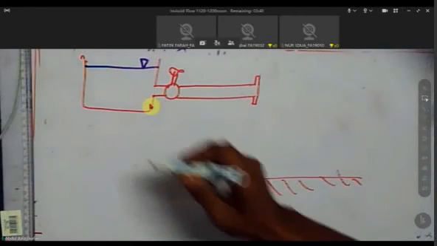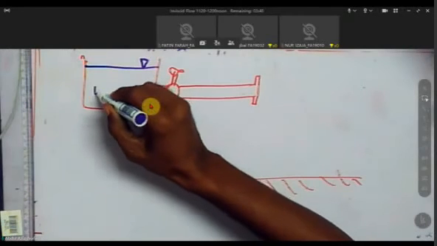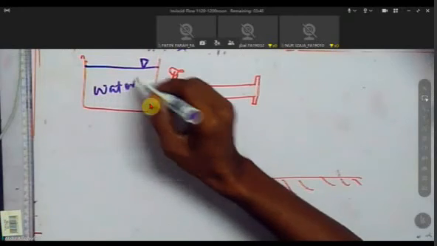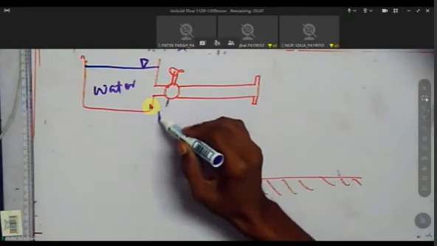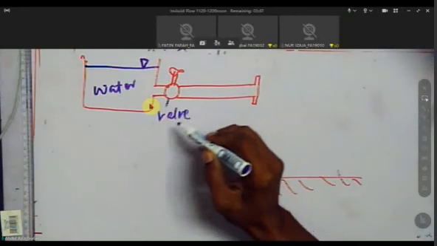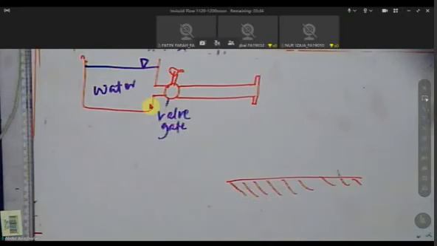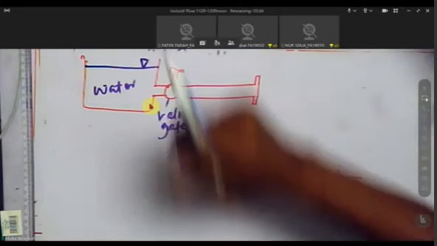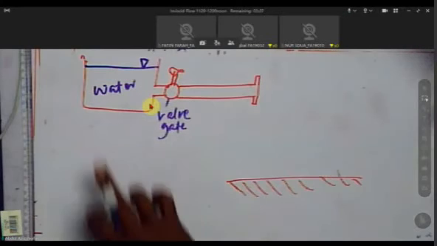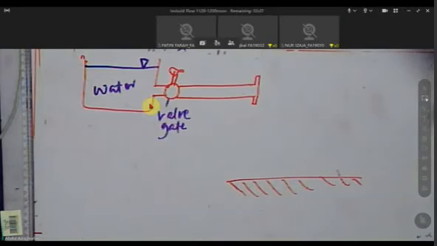So we have water here. We have a gate valve, and we close the valve first until the water is raised to a certain height.